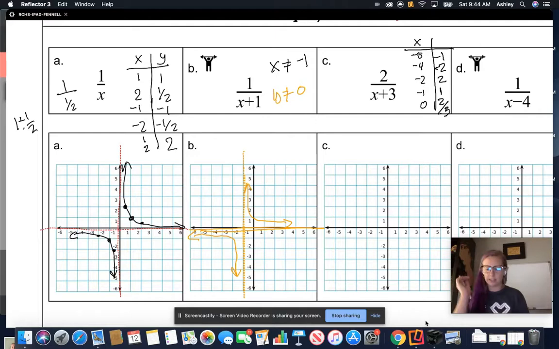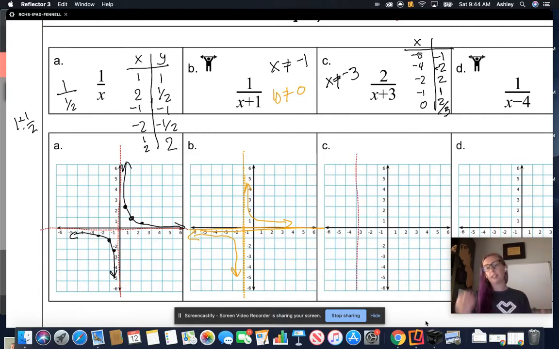Okay, so let's graph this and see if we can tell a difference between this and the other examples we've had. First of all, I do want to identify my asymptotes. X cannot equal -3. That's why I skipped it in my table. X cannot equal -3 because it's undefined at that location. So we're going to put in our asymptote at x equals -3.